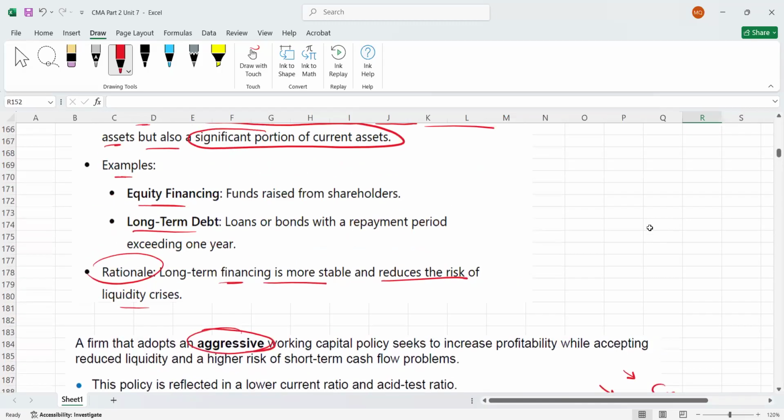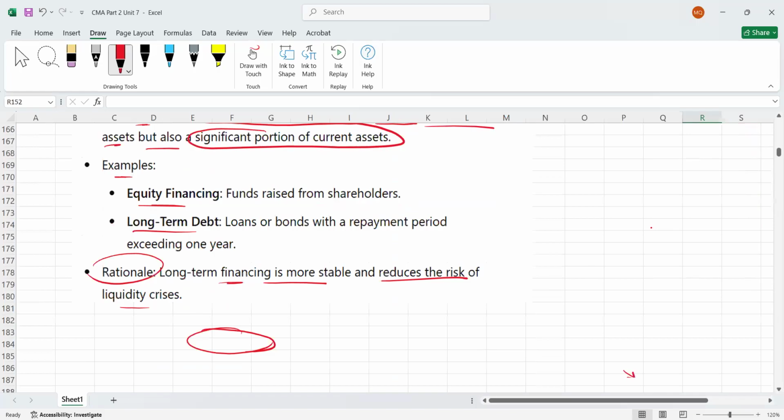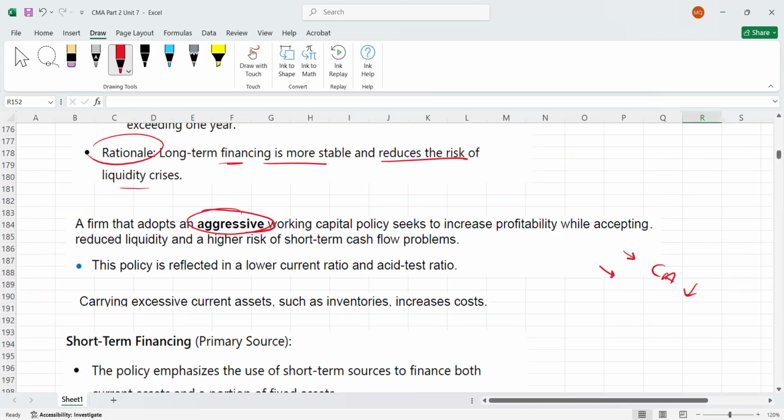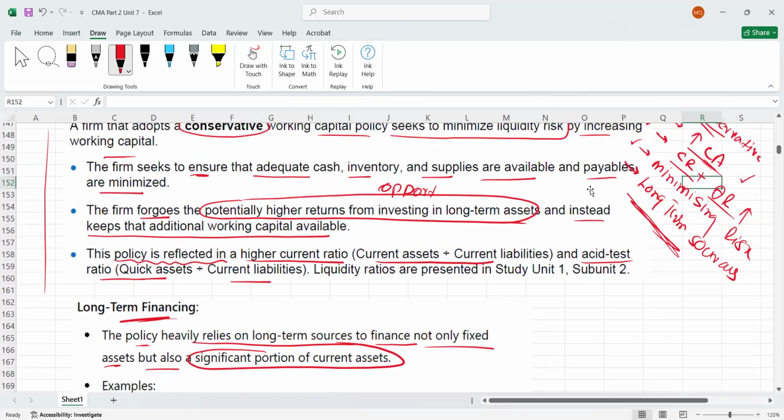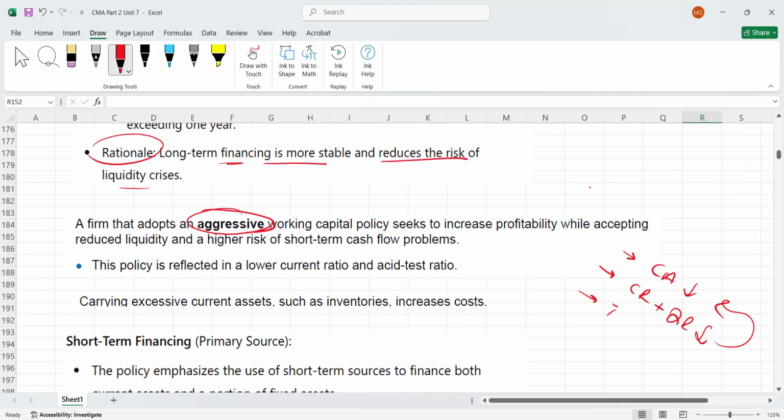Second point: there was a higher current ratio and quick ratio under conservative, but now the answer will be lower for the current ratio and quick ratio because you are maintaining lower current assets. And the next point: here you are taking the risk of liquidity, because your current assets are very low. Assume you have some short-term liabilities to pay and you don't have enough current assets; definitely you are facing issues, right?